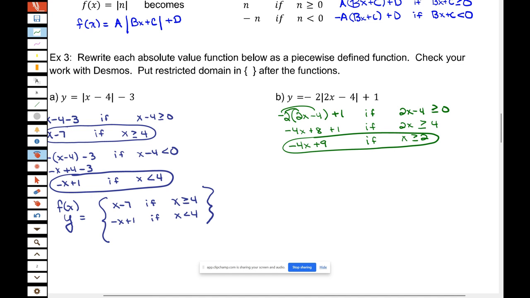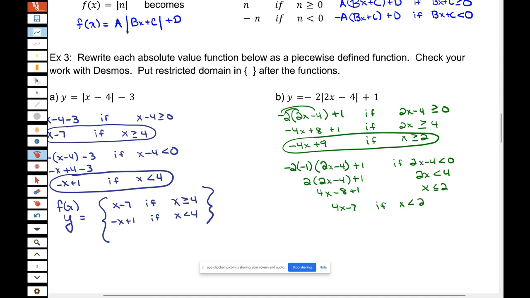Then it's going to equal the opposite of this, which is negative 2 times negative 1 times 2x minus 4, plus 1 if 2x minus 4 is less than 0. So that's 2 times 2x minus 4 plus 1, which is 4x minus 8 plus 1, which is 4x minus 7, if 2x is less than 4, x is less than 2.